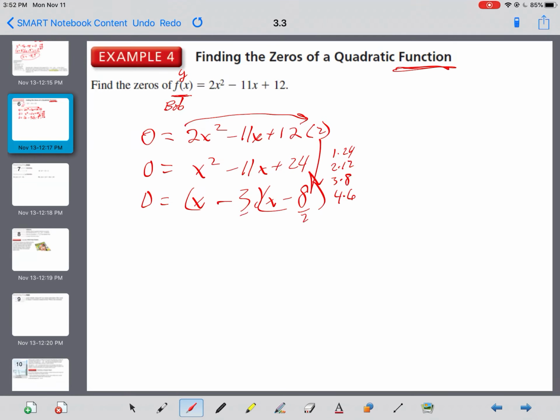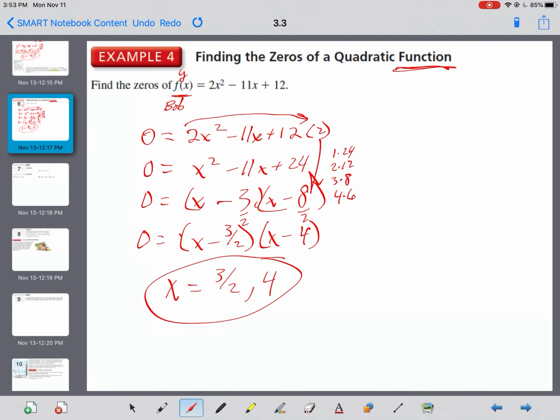If you slide it, you must divide it. 0 equals x minus. I'm going to leave it 3 over 2 because I'm in solve mode and not factor mode. 8 divided by 2 is 4. Because all I have to do when it's x minus number is opposite to get out. So x is 3 over 2, x is 4.